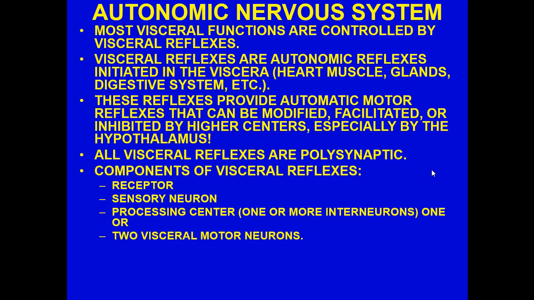That's one of the control areas. Keep in mind that all visceral reflexes are polysynaptic. We've talked about polysynaptic versus monosynaptic reflexes before. The components of a visceral reflex include the receptor, the sensory neuron, the processing center, which is going to be one or more interneurons, and two visceral motor neurons.